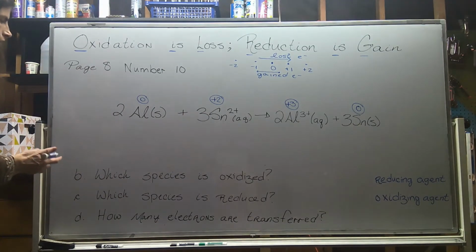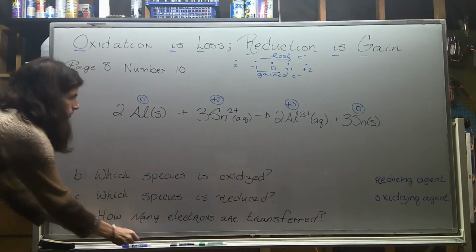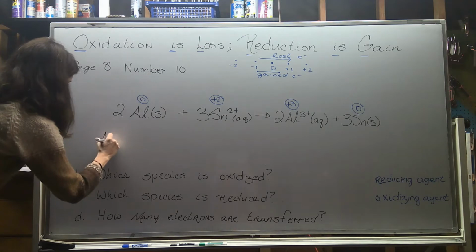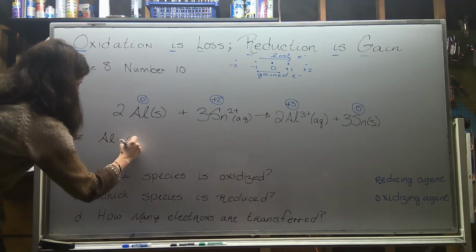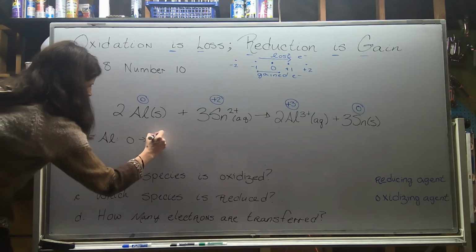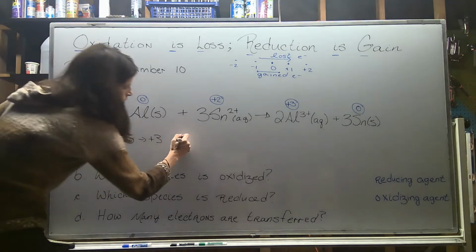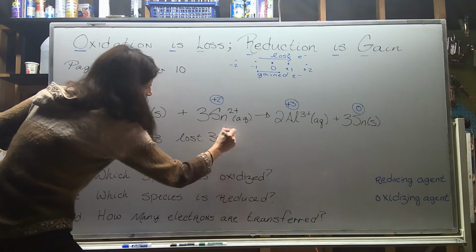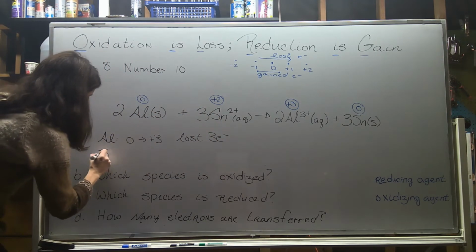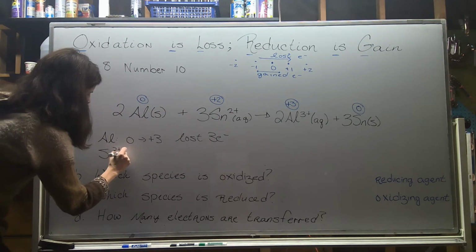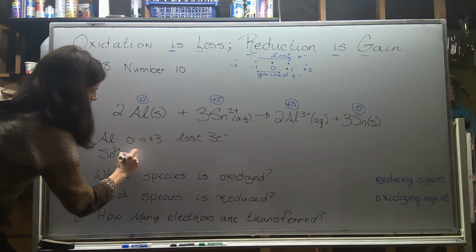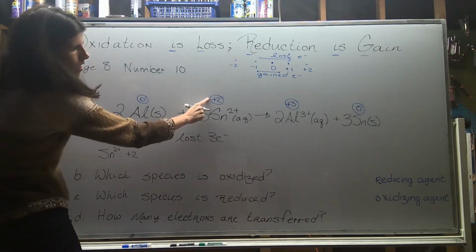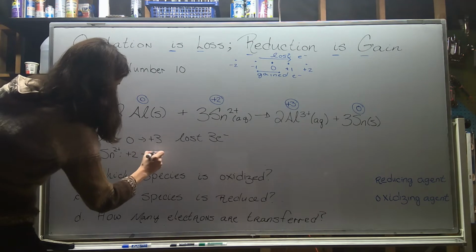So in my analysis, aluminum went from 0 to +3. That means it lost 3 electrons. Tin started out as a +2 and then went to 0.